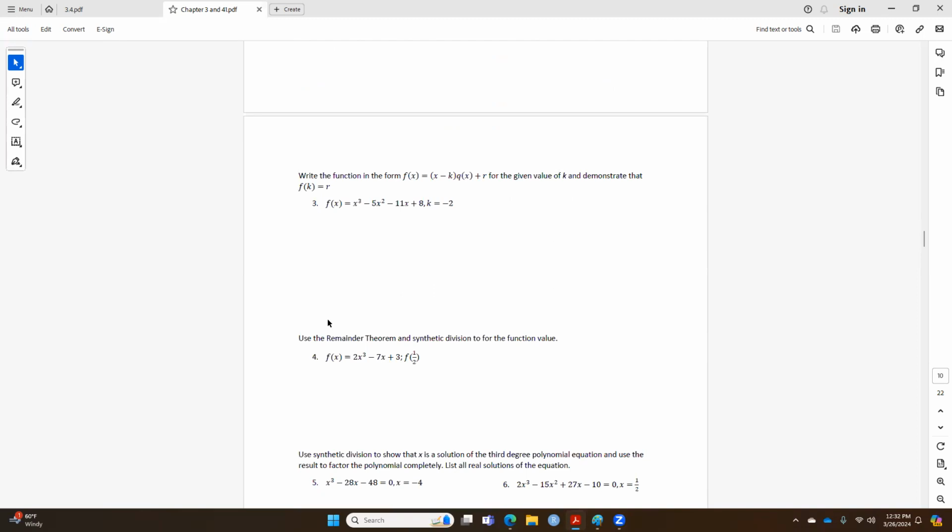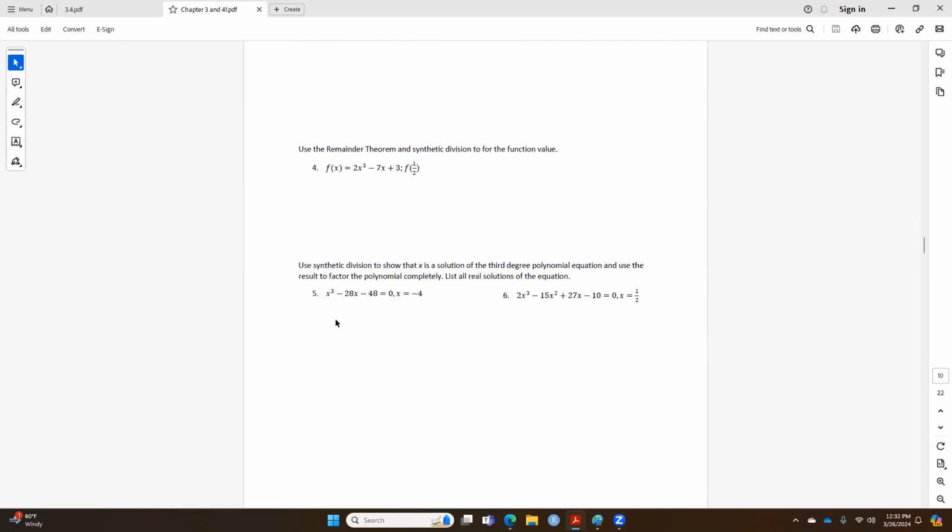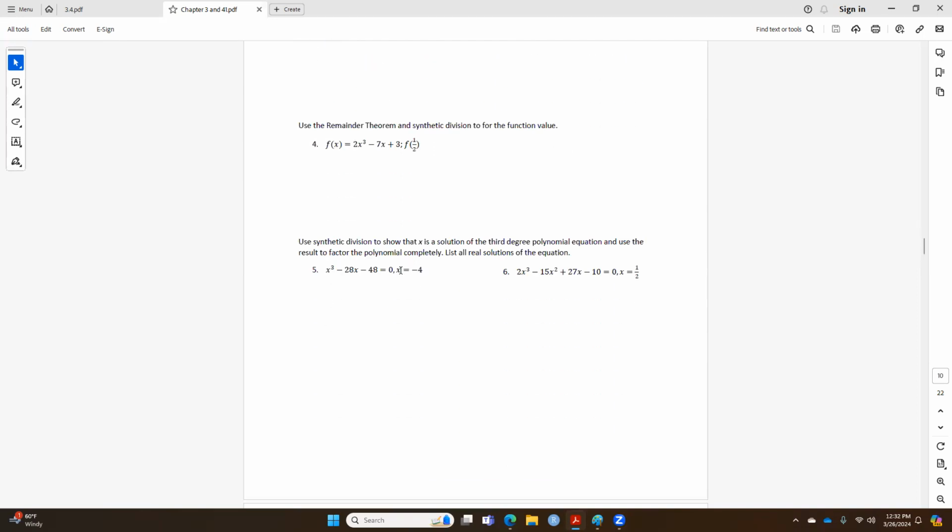I also want to point out that in mostly all of 3.3, when you do this section, the zeros are provided to us. As you know, this is power 3, which means you have at least 3 zeros, and they give you at least 1 zero. Once they give you 1 zero, you do synthetic division.